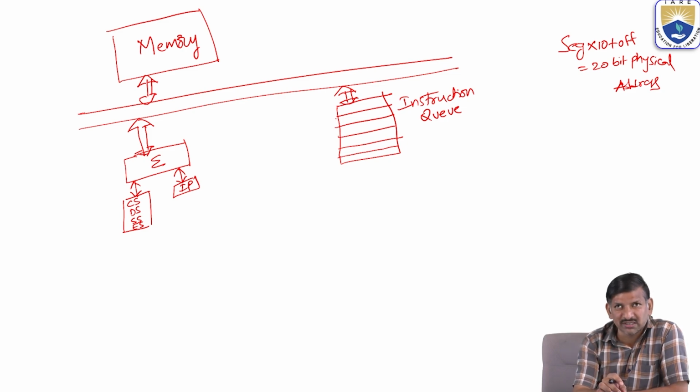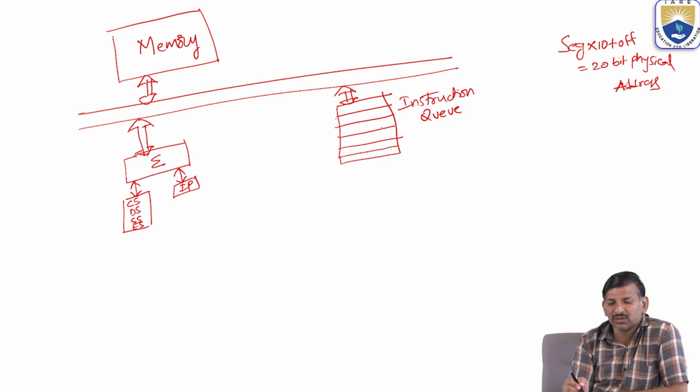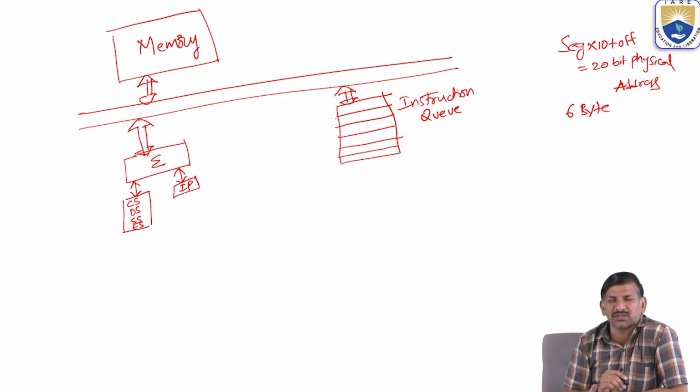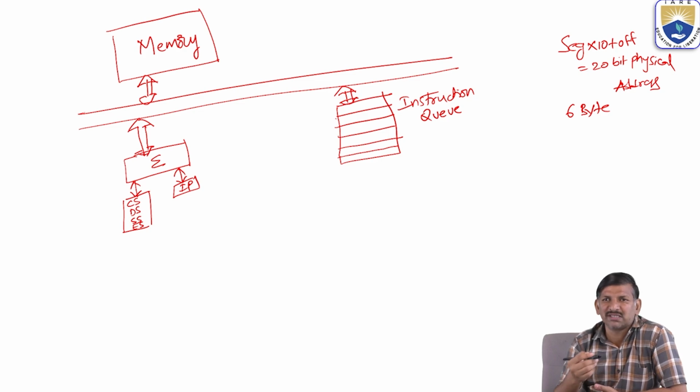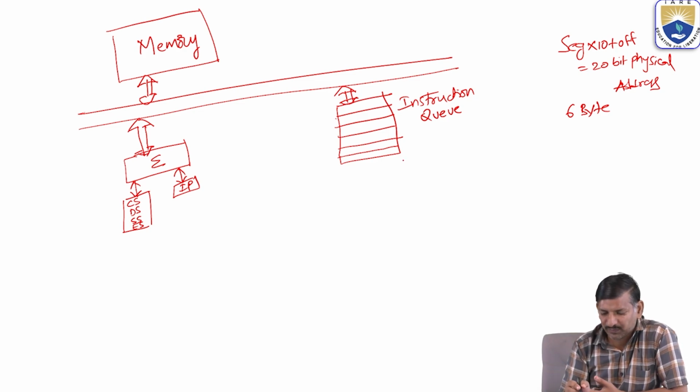Then it is copied into the instruction queue. So 8086 prefetches instructions up to 6 bytes. The advantage of prefetching is there is no need to wait for accessing that information. So accessing time is reduced, and automatically speed increases. This is one of the benefits.